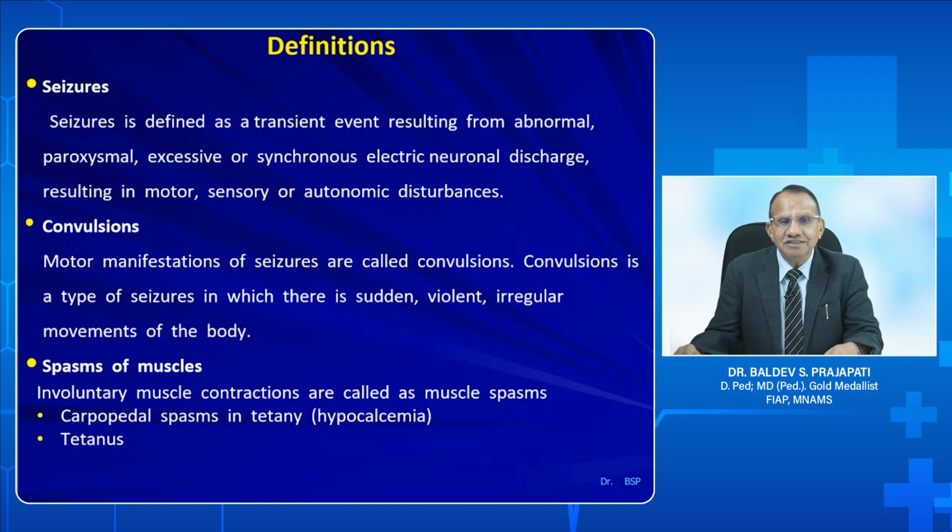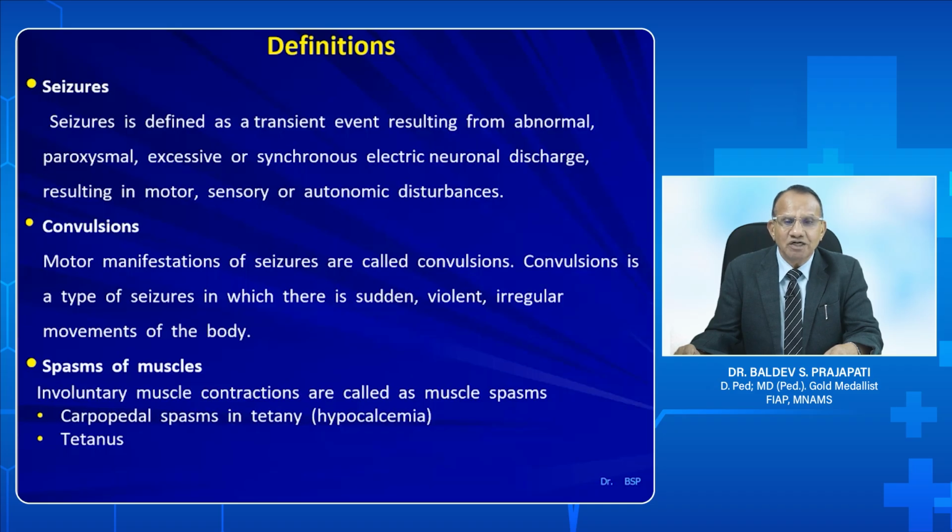Please remember, seizures and convulsions are not synonymous, they are not the same. Convulsion is a motor manifestation of seizures. That means convulsion is a subset or a type of seizure in which there are sudden, violent, irregular movements of the body. While spasm of the muscles is quite a different entity.